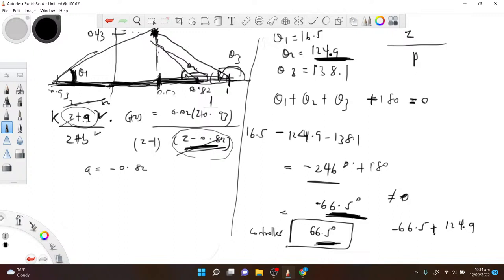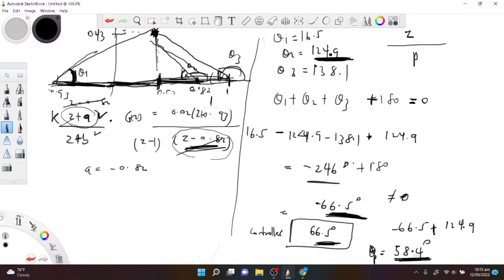When I was doing this, I had 16.5 minus 124.9 minus 138.1, plus the angular contribution from this 0, which, because it is the same as this pole, will contribute the same angle, 124.9. So when I add this angle, calling the angle P, you get the angle to be 58.4 degrees.